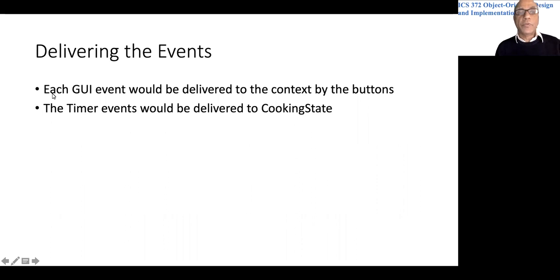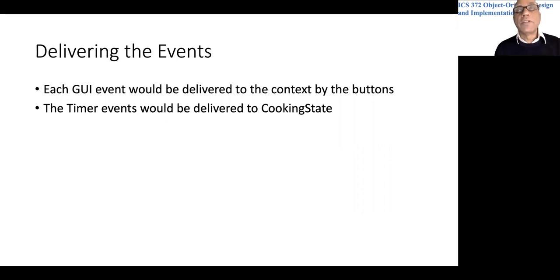So what happens when an event occurs? What are we going to do? We will have the button, if it is an external event, deliver it to the context, and the context would call the appropriate method of the corresponding state.